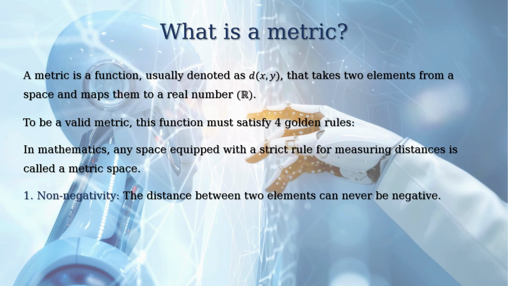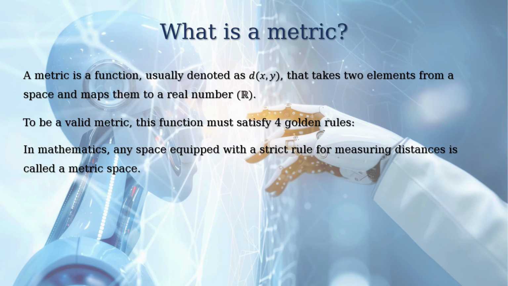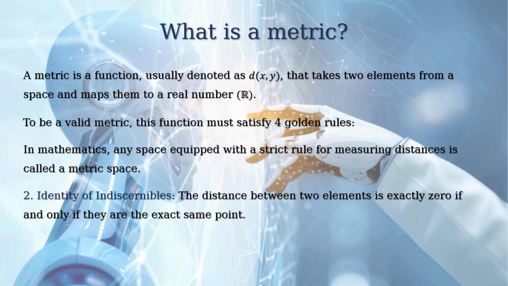Number 1, non-negativity. The distance between two elements can never be negative. That is, d(x, y) is greater than or equal to 0. Number 2, the distance between two elements is exactly 0 if and only if they are the exact same point.